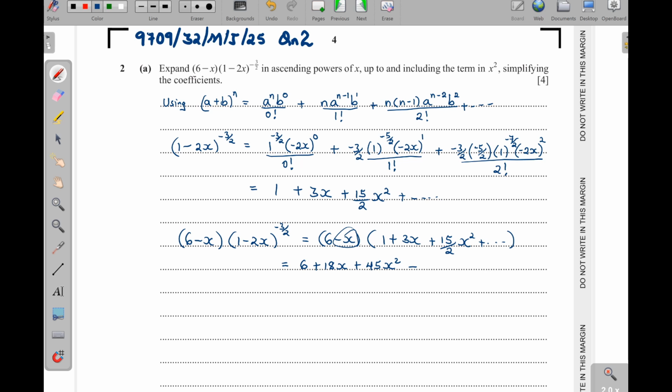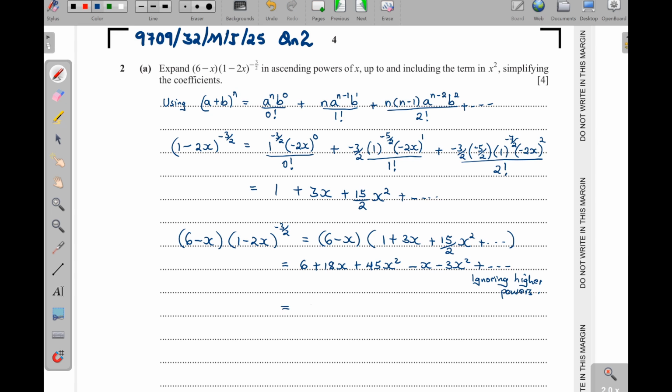Then now negative x times everything here. We shall have negative x, then minus 3x squared. And then I'm going to ignore the higher powers, because this one times this, it will be x power 3, and I don't need it.